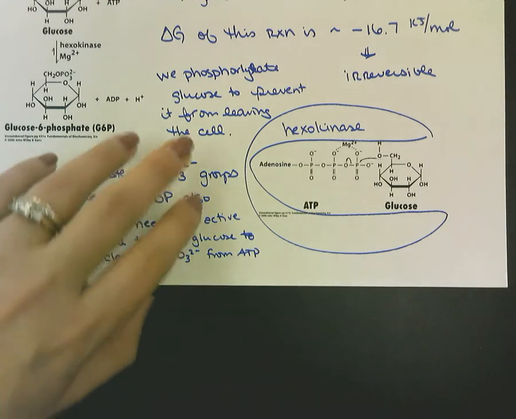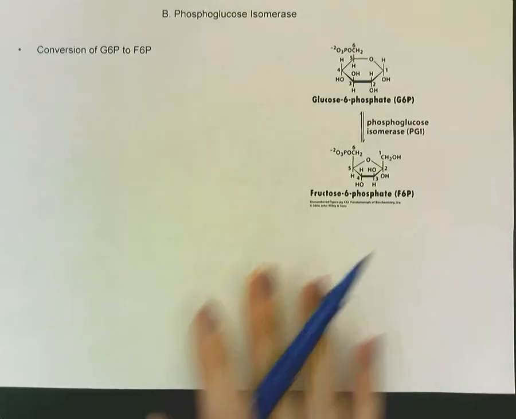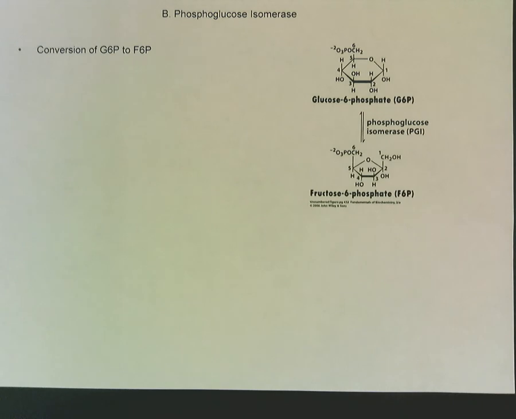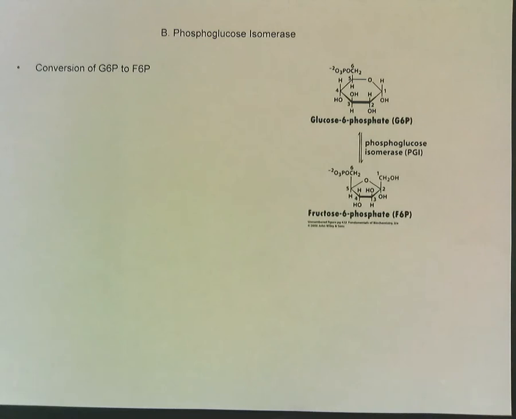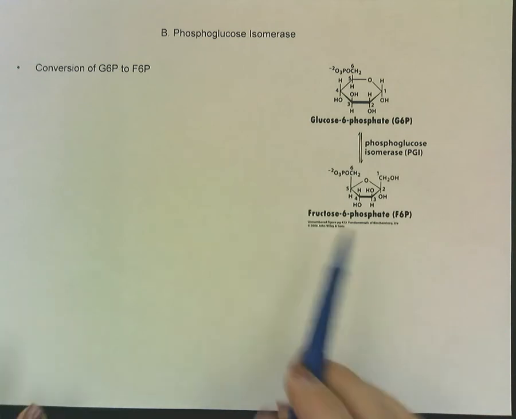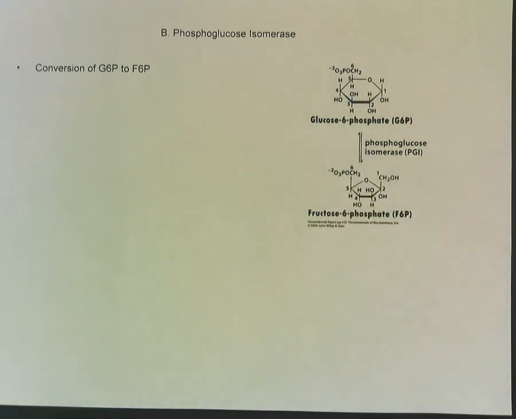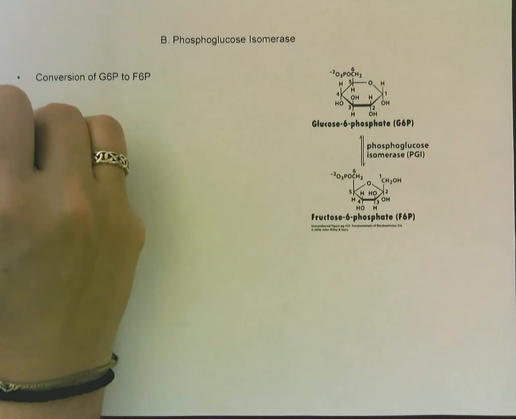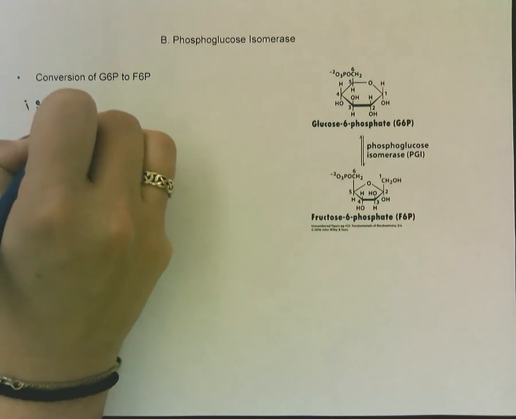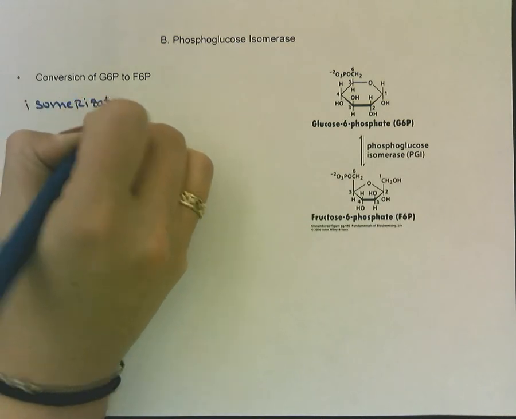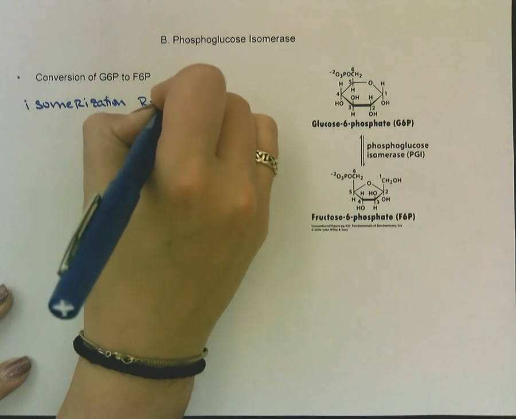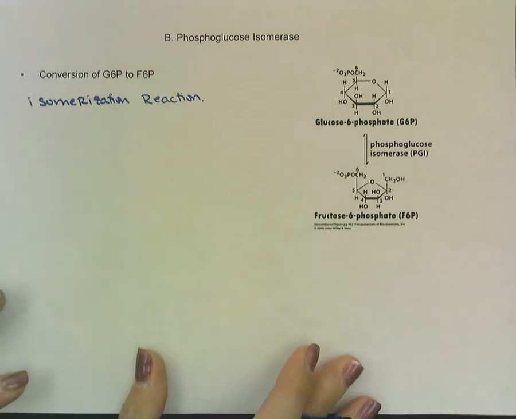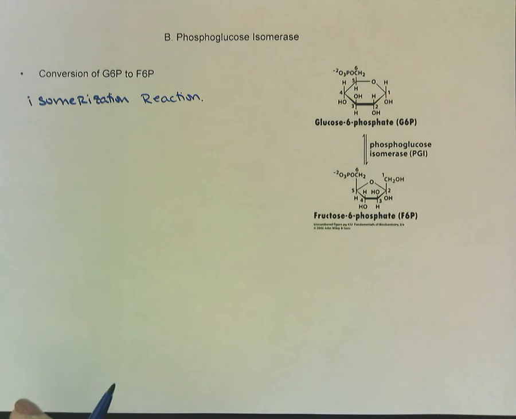Let's talk about some fun facts about phosphoglucose isomerase. All right, phosphoglucose isomerase, its job is to convert glucose 6-phosphate into fructose 6-phosphate. So to change our 6-membered ring to a 5-membered ring. This, as the name implies, is an isomerization reaction.